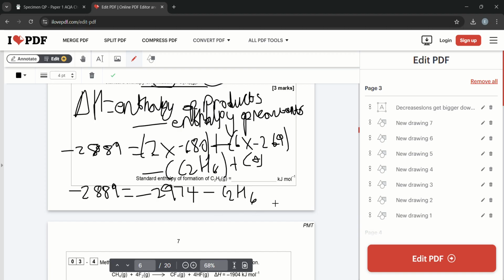Then we add C2H6, therefore C2H6 equals minus 2974 plus 2889, which gives us minus 85. Therefore, the answer is minus 85 kJ mol^-1.